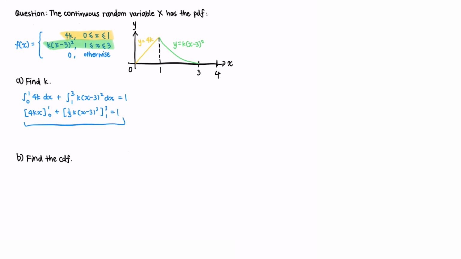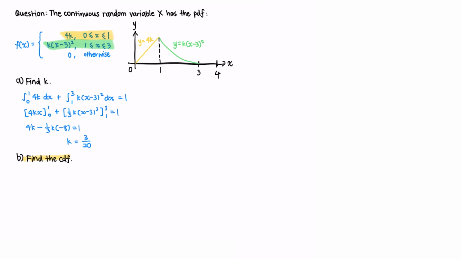Now after I integrate, I'll just get this. And let me substitute all my values. I'll get 4k minus 4k times 0, which is just 0, plus 1/3 k, and we'll take (3 minus 3) cubed. 3 minus 3 is just 0. And then we'll minus 1/3 k times (1 minus 3) cubed. So if we solve for this, we get k equals 3 over 20.